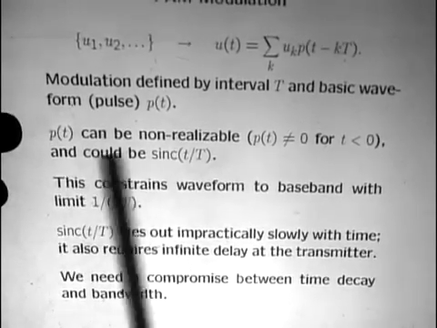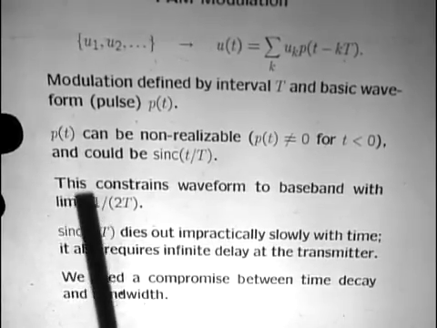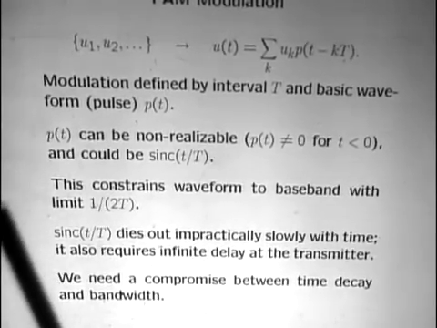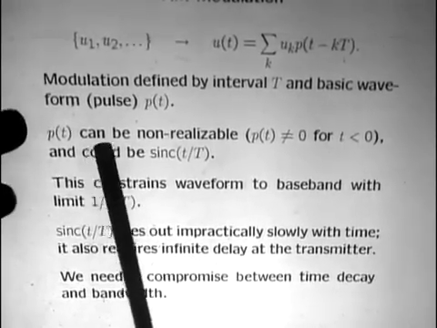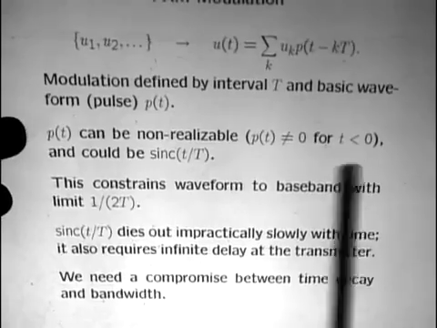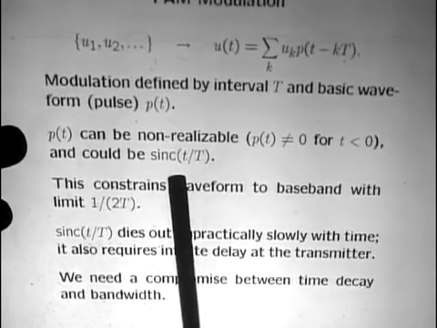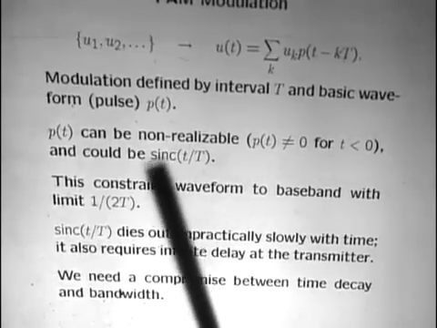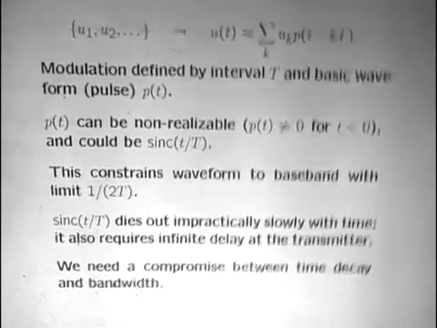Okay, we're not going to worry about the fact that P of t has to be realizable, because with our arbitrary time reference at the receiver, it doesn't have to be realizable. It doesn't have to be causal. Okay, so P of t could be sinc of t over T, which would give us a nice baseband limited function, but it could be anything else at all.